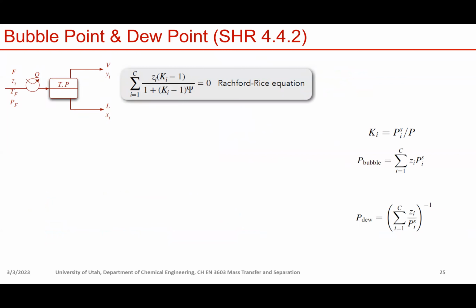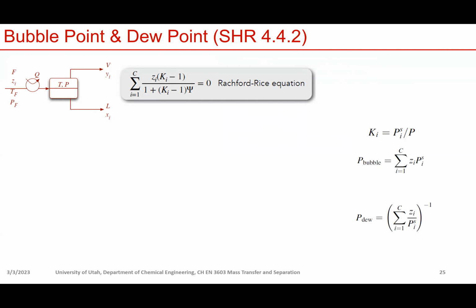And the simplest case is that if we let psi be at the bubble point and the dew point. At the bubble point, we heat up a liquid mixture to the point where the first bubble comes out, so the liquid becomes saturated liquid, right?